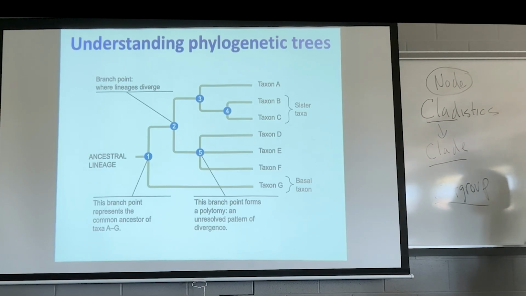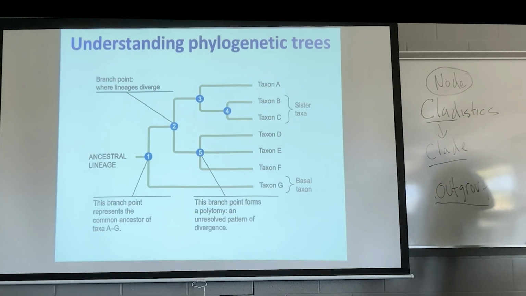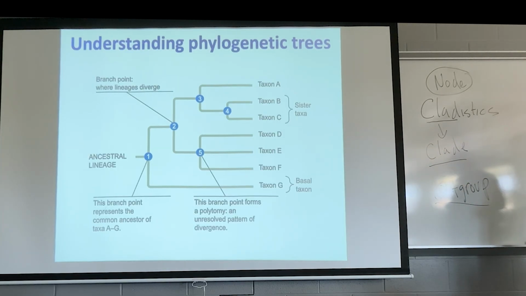And if you follow 3, it then branches into taxon A, and then to common ancestor 4, and then B and C, which are called sister taxa because they share the same common ancestor, and they have some traits that differ from taxon A. And this is how we're going to move along, and the traits we're going to talk about here are the ones that separate taxa into individual groups.